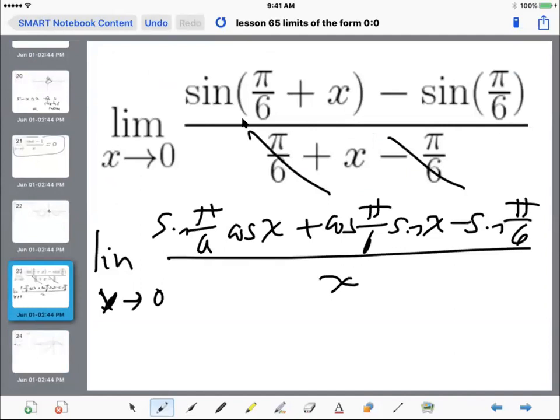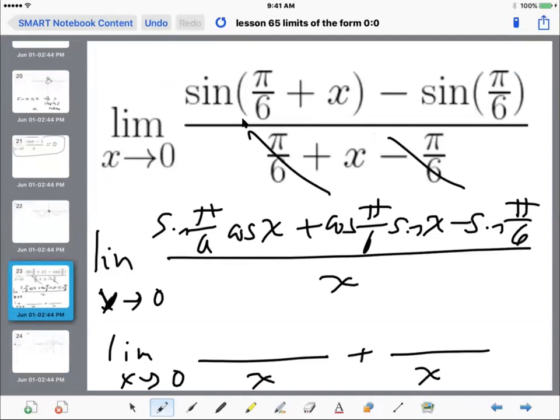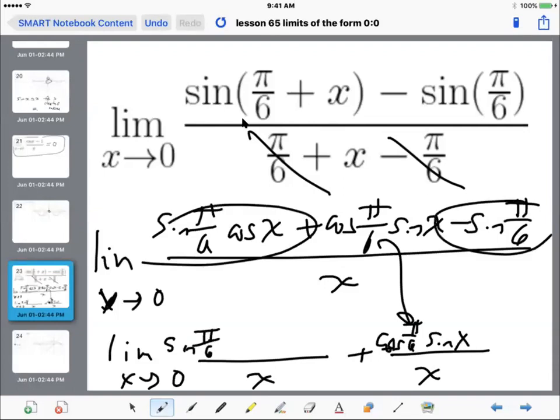Now take a look at this. I can do something very slick here. I'll put the cosine pi over 6 sine x here. And here I'll put the other, so that was that term. The other two terms I'll put these. Notice how they both have a sine pi over 6?